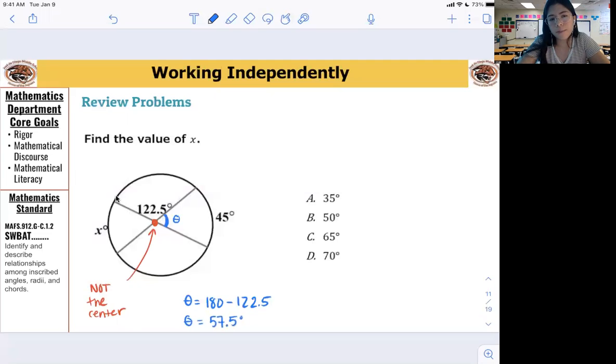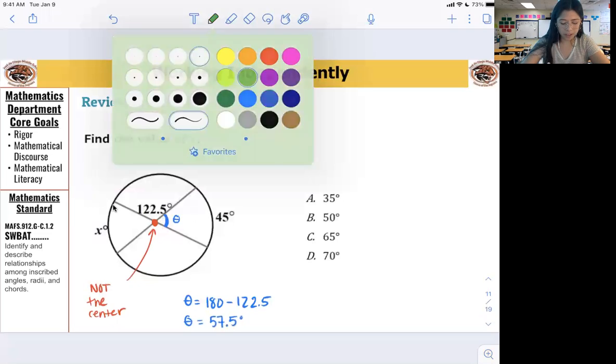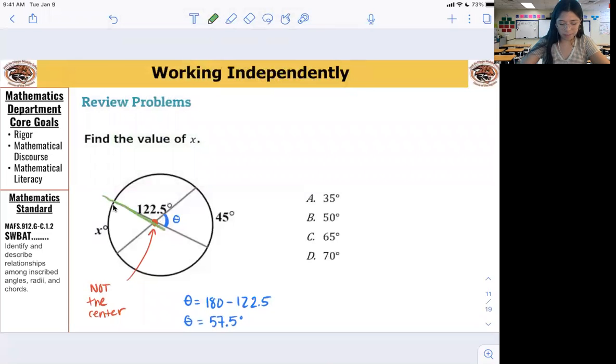Why? Because they're both located on the same line, and we know that a linear pair is going to add up to 180. So since both of those angles are located on this green line, together they have to be 180. So we can subtract from 180 to get the value of theta. Do I have any questions on that part?